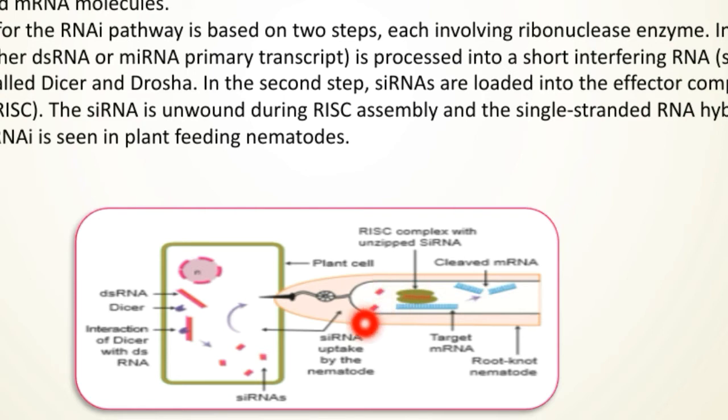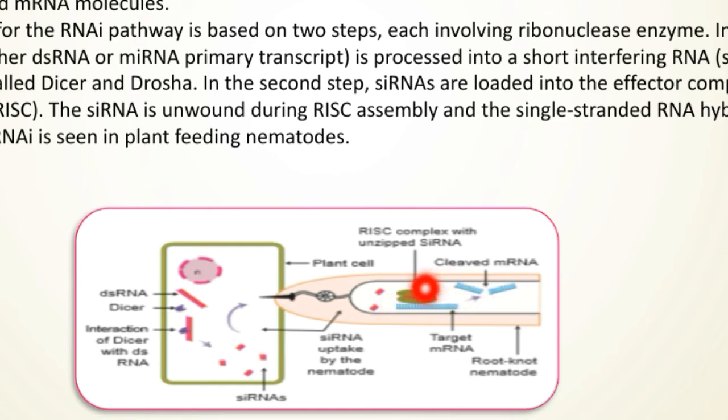Here this is the plant cell, and the siRNA is taken up by the nematode, which is an invertebrate. We have learnt about it under phylum Nematoda, otherwise referred to as helminths. When it is taken up, it leads to loading of the effector complex.